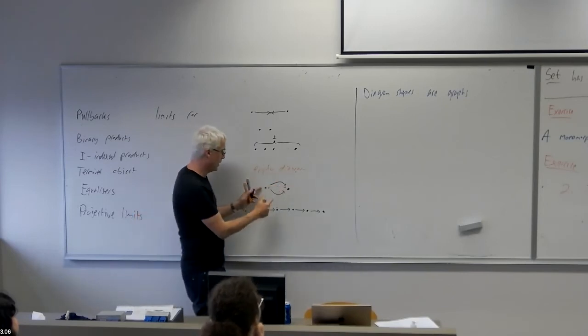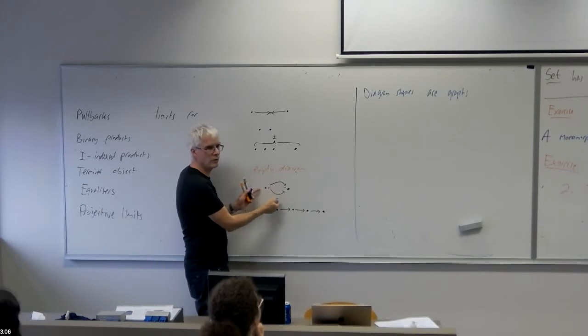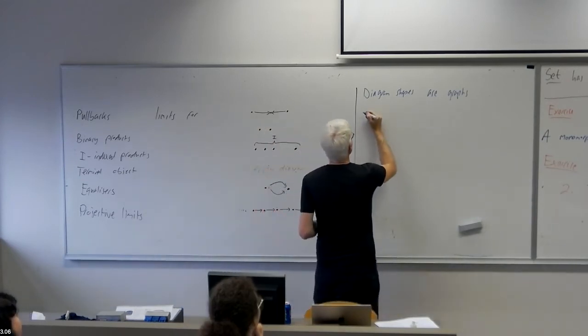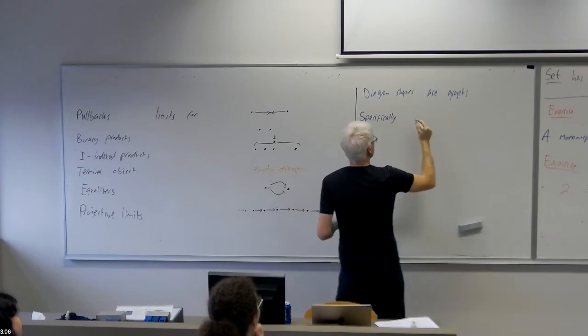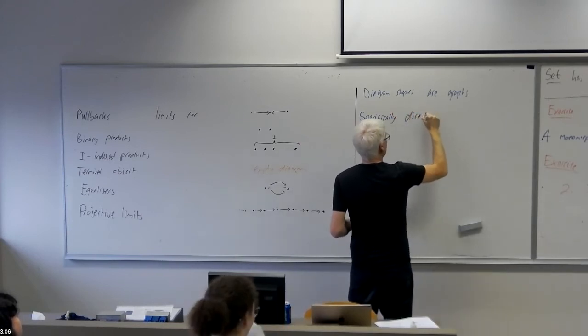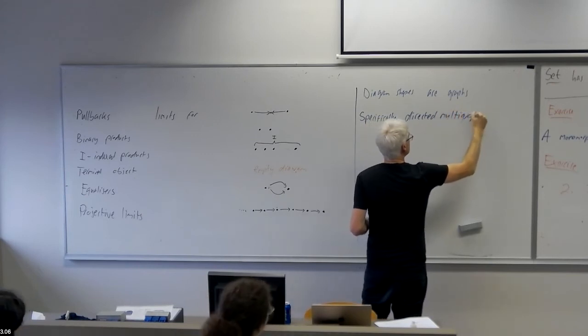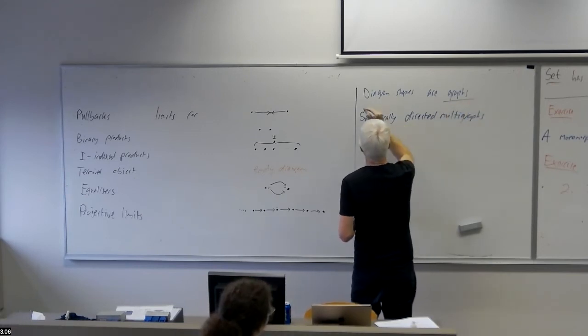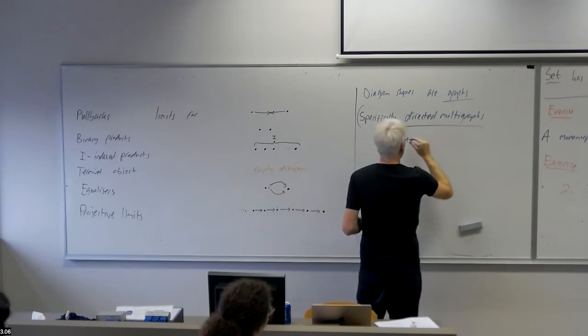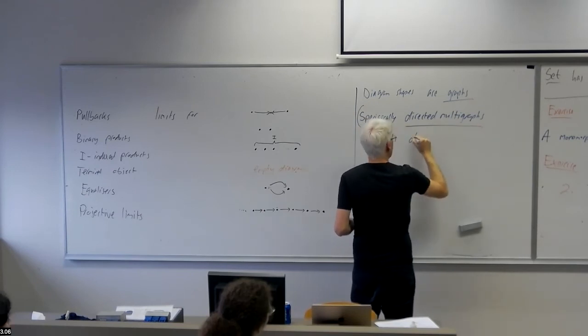And moreover, crucial for equalizers, we need to have the property that you can have more than one edge between the same two objects. So specifically, what are called directed multigraphs. Or sometimes digraphs or dimultigraphs or something.